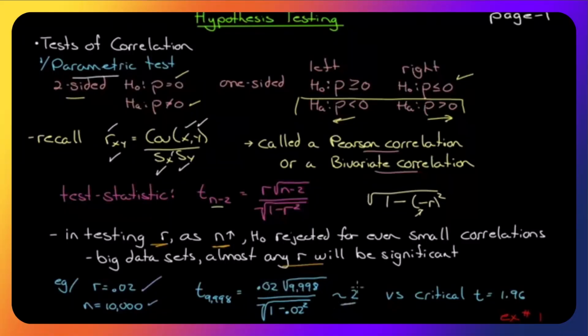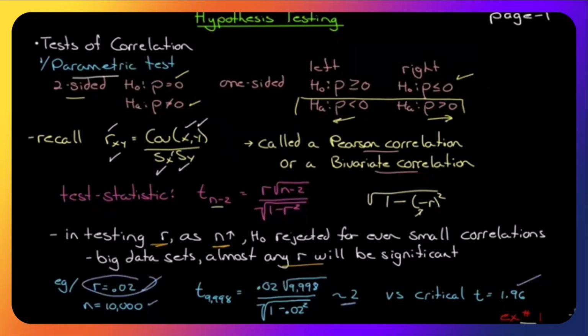It'll be roughly 2 versus a critical t-value of 1.96. So even something almost non-existent is slightly over the 1.96, so we'll call it somewhat significant. That is an issue with calculating the parametric test for correlation.